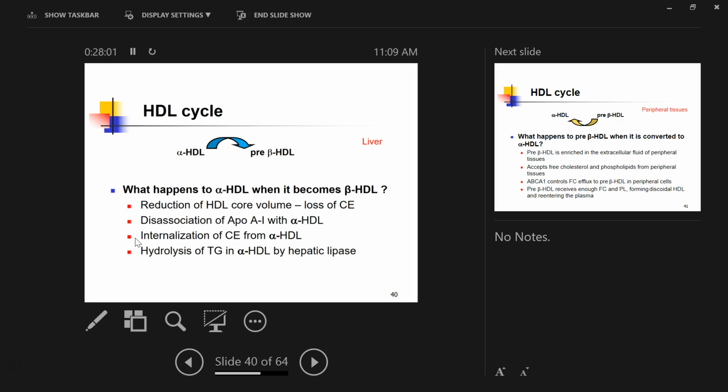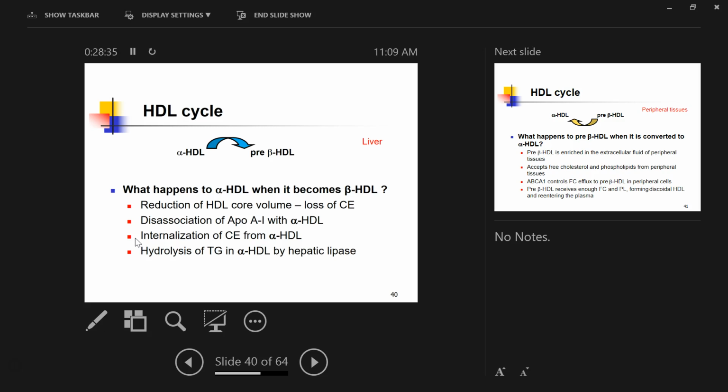First is a reduction of core lipids, the core volume, basically a loss of cholesterol. And second, the dissociation of ApoA1. It also loses ApoA1. And then the third is the internalization of cholesterol ester from alpha HDL.